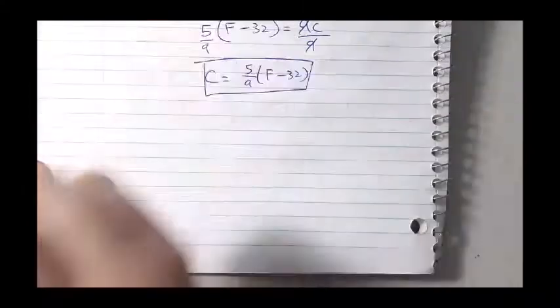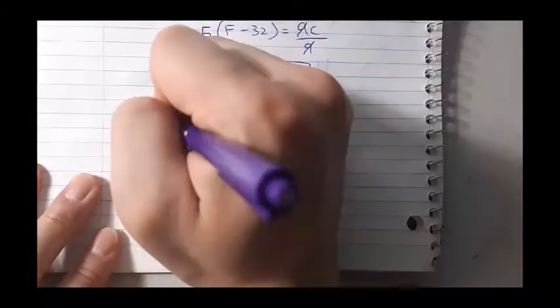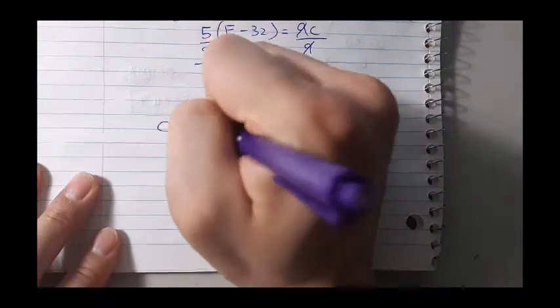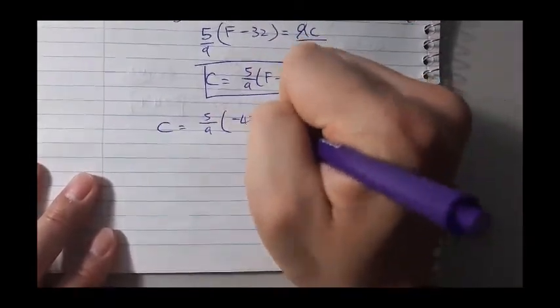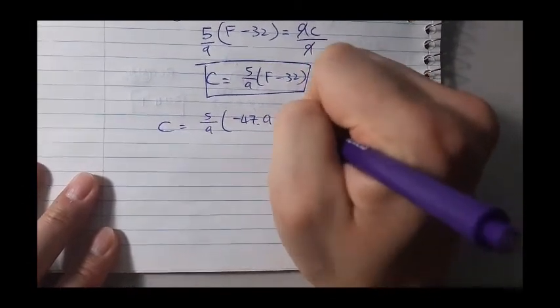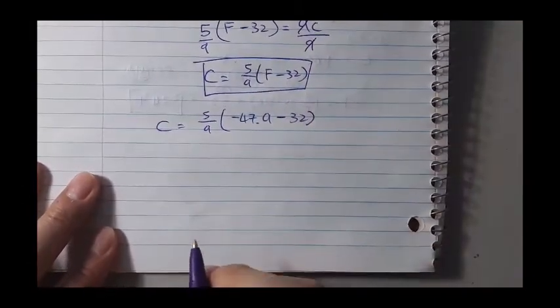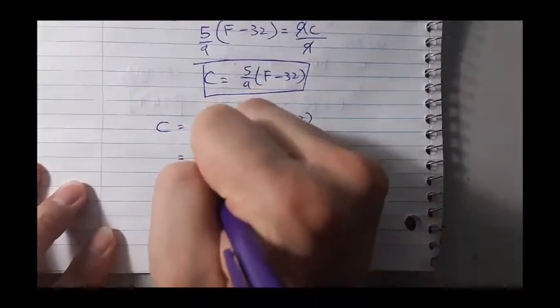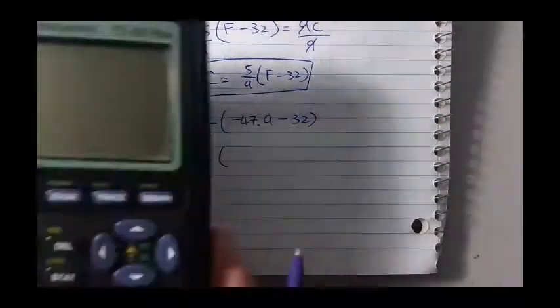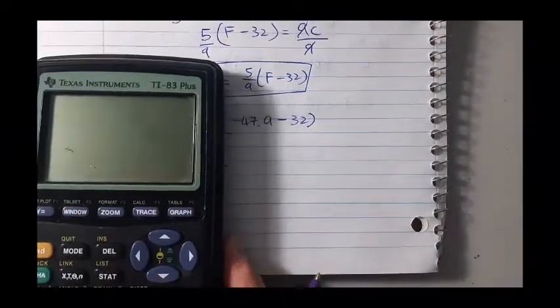Now, once you have it, let's punch those numbers in. C is equal to 5 over 9, bracket open, negative 47.9 was my Fahrenheit temperature, the coldest one, minus 32. So, do one at a time.